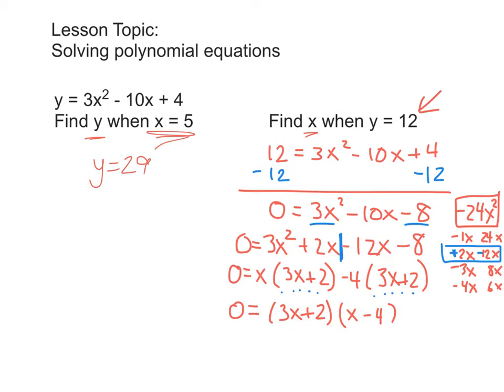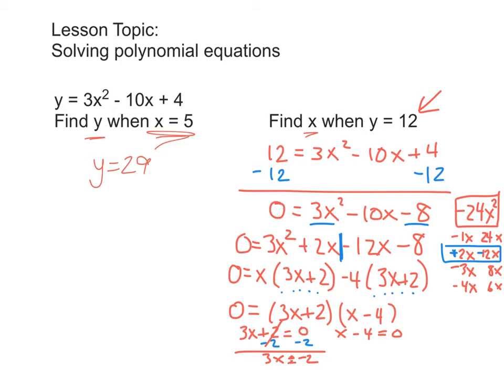So I'm going to rewrite the zero product property statement. So we have 3x plus 2, the first parentheses factor, equals 0. And I have x minus 4 equals 0. One of those two things must equal 0. So now on this side we're going to subtract 2 from both sides. And we get 3x equals -2. And now be careful when we divide both sides by 3.